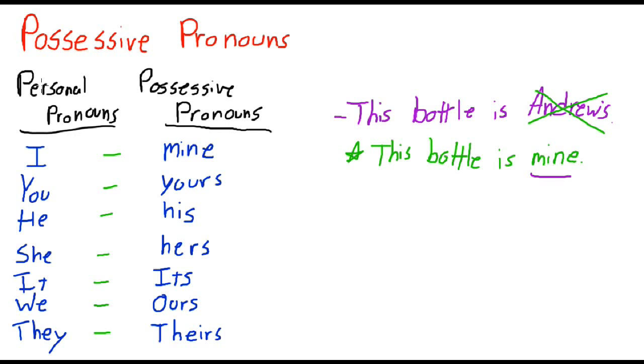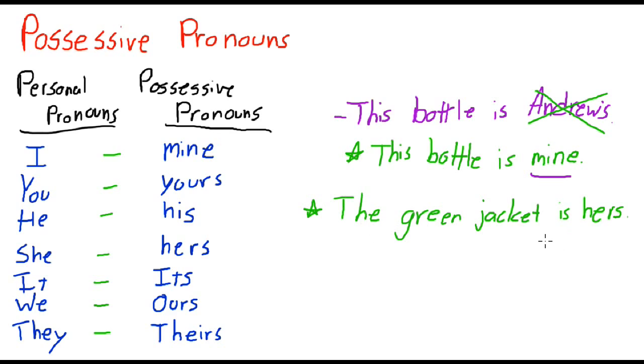Okay? Let's look at another one. Maybe I can say the green jacket is hers. What is the possessive pronoun here? Well, we have an adjective, green, but it's not possessive, is it?